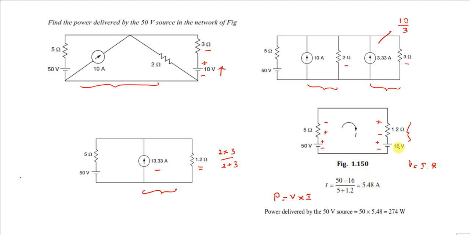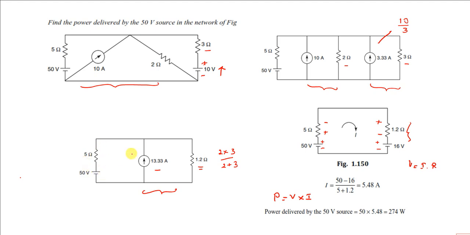After that, the power delivered by the 10 volt source will be whatever current is coming in that reduced circuit multiplied by 10 volts. Here, for the power delivered by the 50 volt source, you have to keep it as it is.